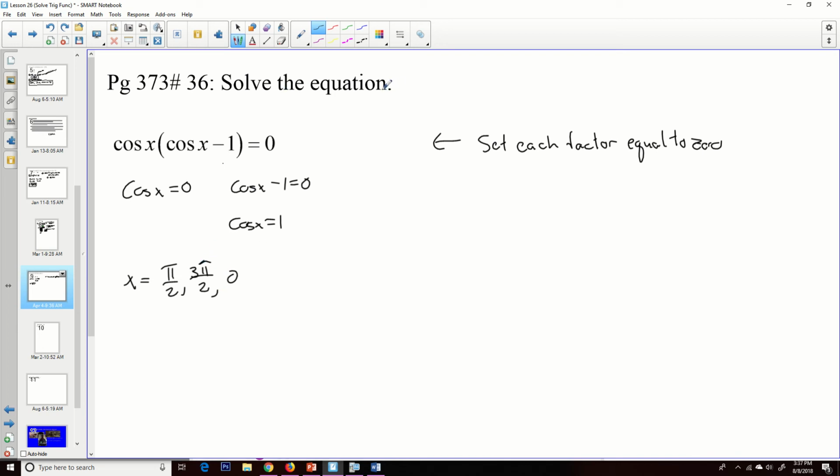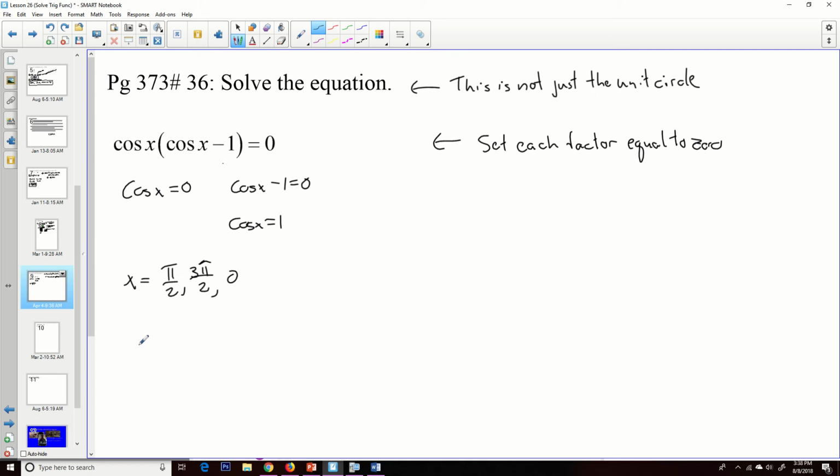Oops, this is solve the equation, so we have to say this is not just the unit circle. And since none of these match up, we're just going to write them all in terms of that plus 2 pi.